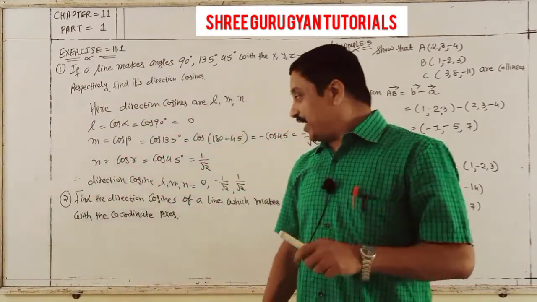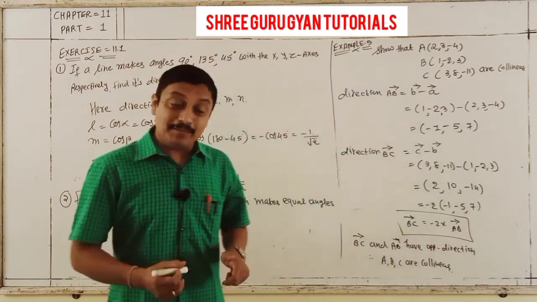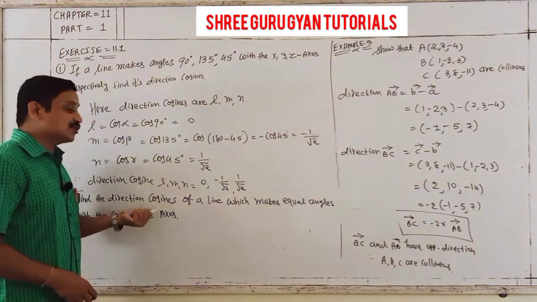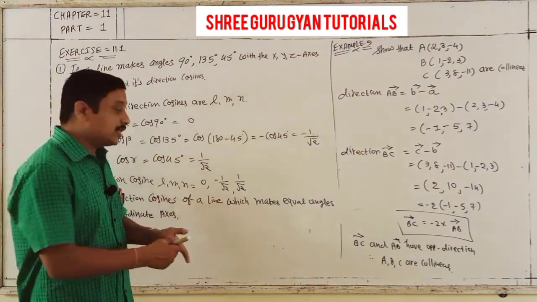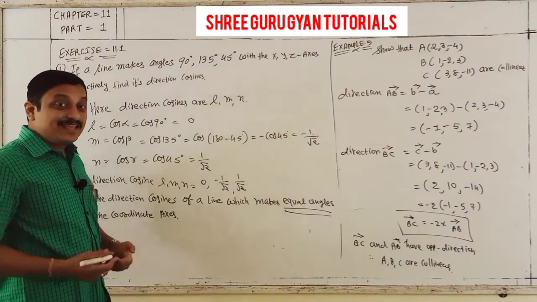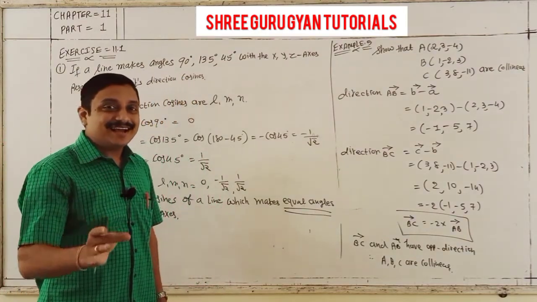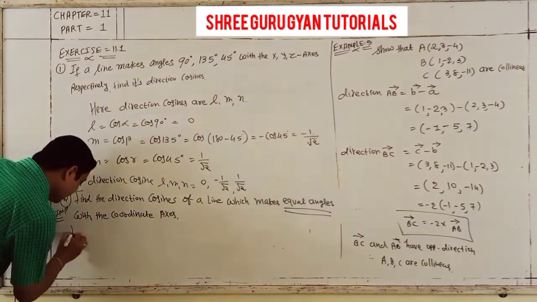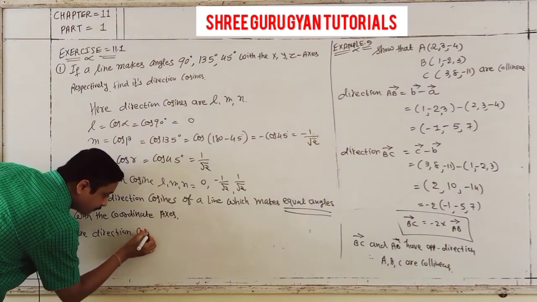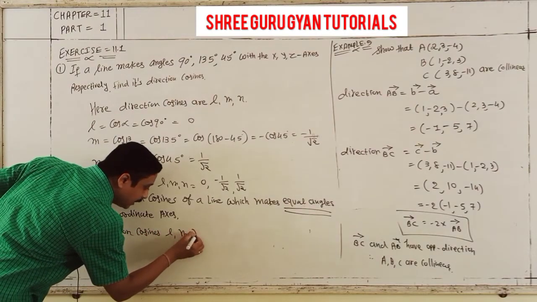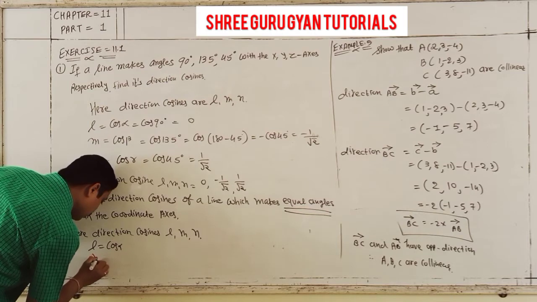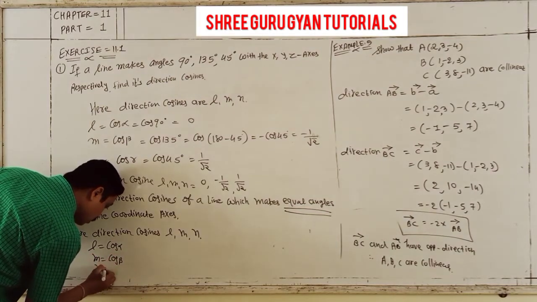Now students, question number 2, which is also an exam oriented IMP numerical, you tick mark in the IMP list. The question is, find the direction cosines of a line which makes equal angles with the coordinate axes. So very easy. Equal angle means, students, cos alpha, cos beta, cos gamma are the same. So I will take the direction cosines L, M, N, where L equals cos alpha, M equals cos beta, and N equals cos gamma.